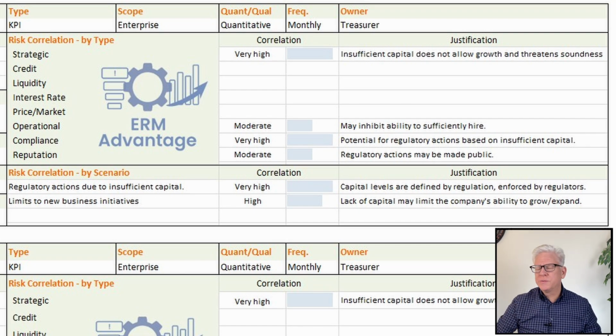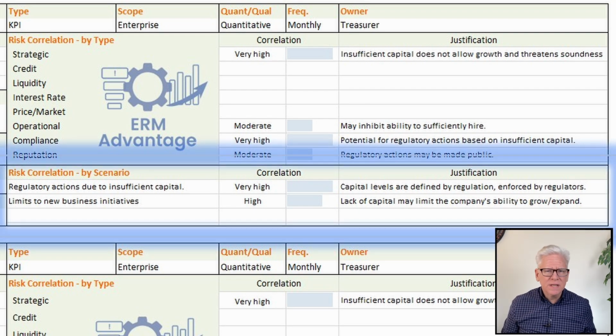Now, there are two ways we can think about risk correlation, and this will factor into a number of ways we use this information. Certainly the first and most obvious is how the metric correlates to a potential event. This is where we take a metric, which again is only measuring a single value, and translate that into an actual potential event.